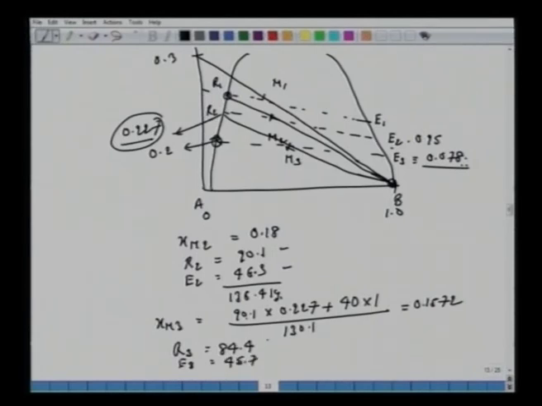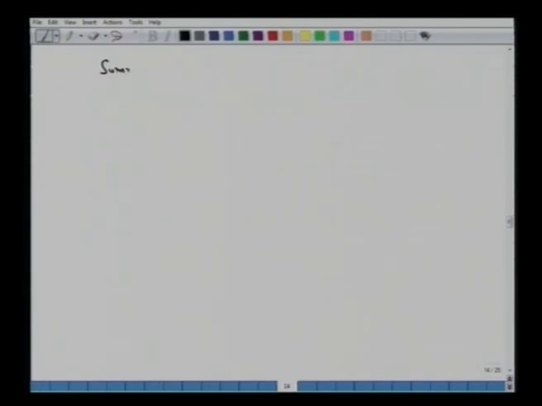In 3 stages we brought down this level to 0.2 by using solvent 3 times. So the amount of solvent we were using, S or B, was 40 kg each time. All right, so the total amount of solvent we had was 120 kg.